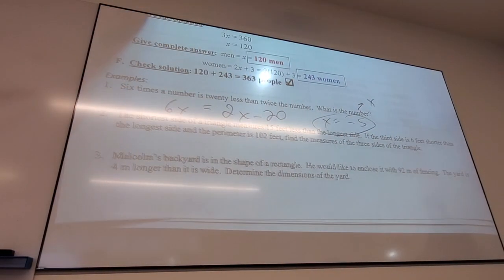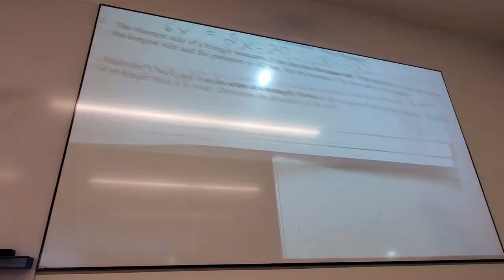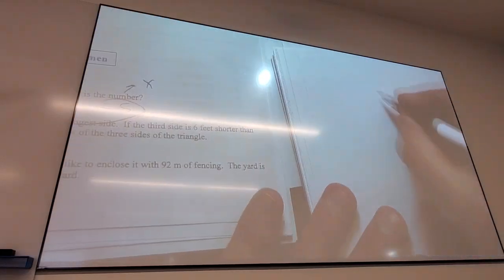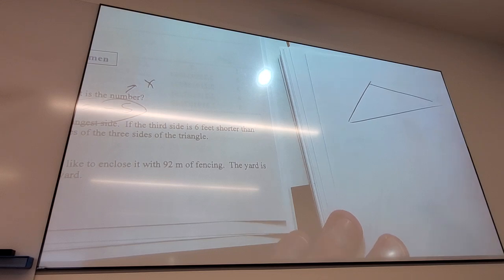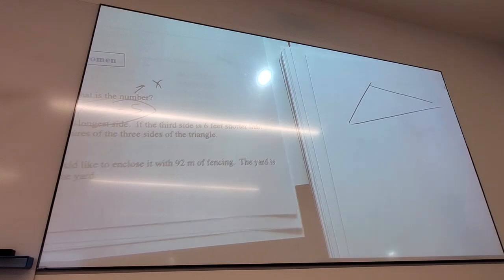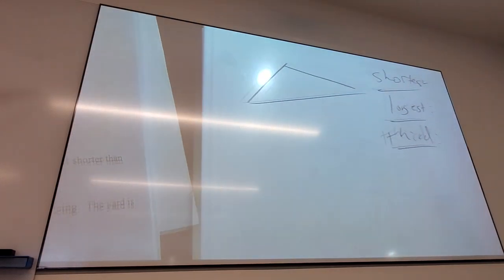All right, let's see. So we got a triangle. I got a shortest side, longest side, that's crazy sauce. Third side, yeah, I love it. So just use exactly the words that are used in the problem. Even if they're nonsensical, it doesn't matter.